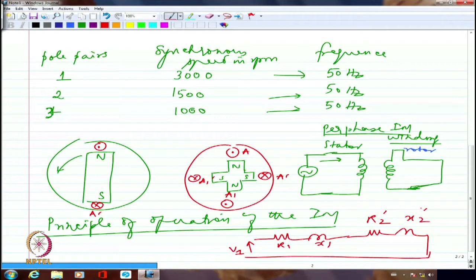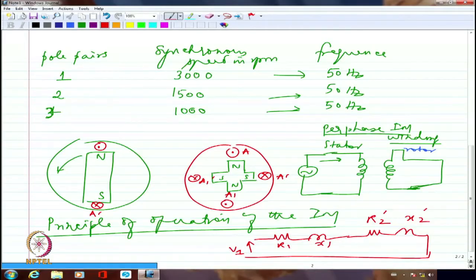Now X1 and X2 dash are quite large as compared to what I would have in a transformer, because the leakage is definitely more in the case of an induction motor because of the fact that I have an air gap. So this is going to serve as the limiting factor of the starting current.